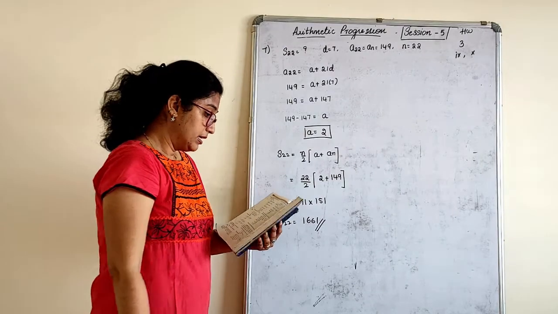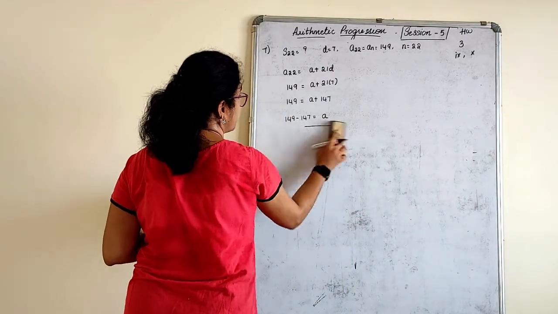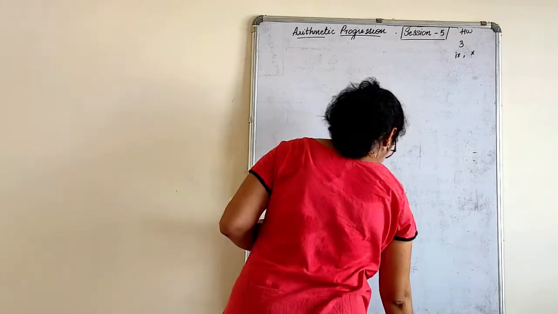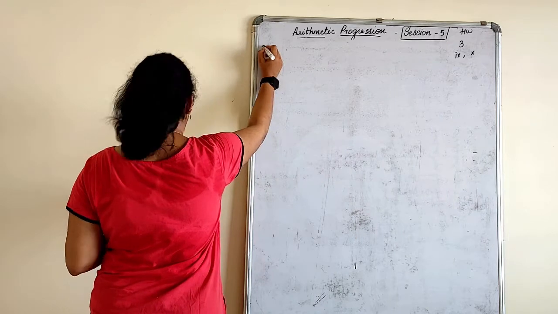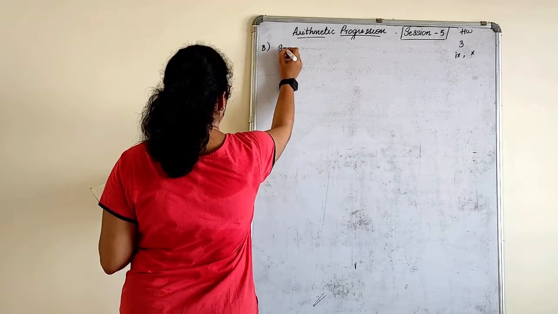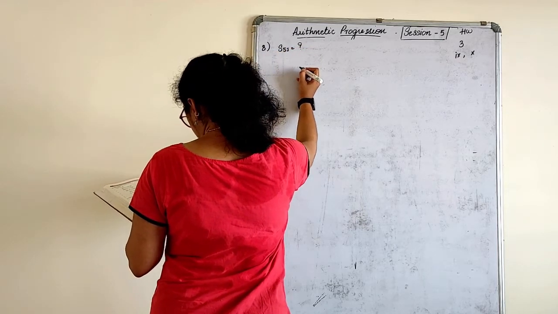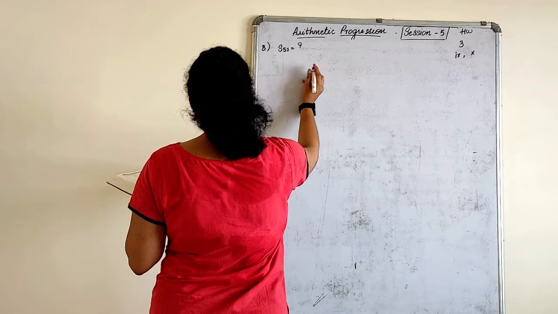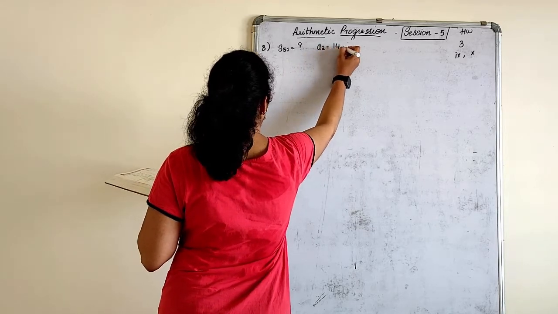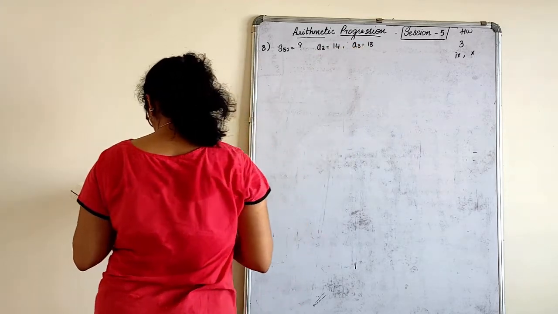Okay, 8th one. Find the sum of first 51 terms, S51 is equal to question mark, of an AP whose second and third terms are 14 and 18 respectively.